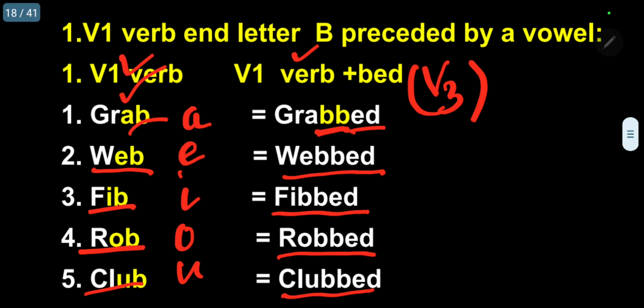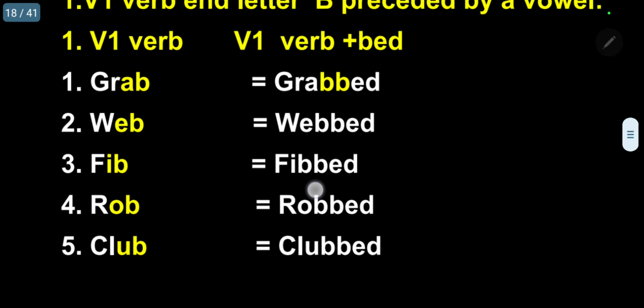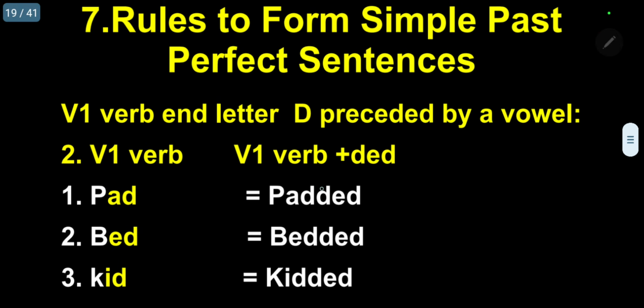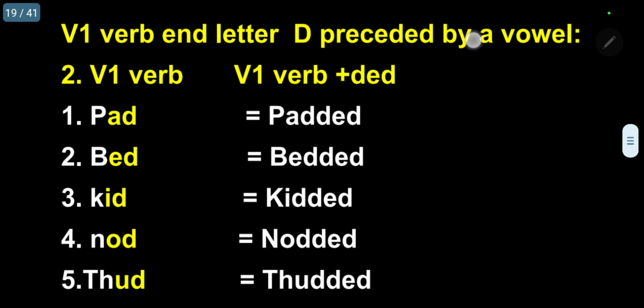So when these vowels are preceded by this ending letter B, you have to add double B. Understand? The next letter, D. In the same way, if D is the ending letter, this will be the V3 form. Kindly follow. The D will be added along with the ed. Pad, padded.